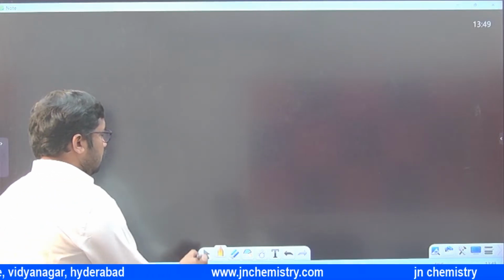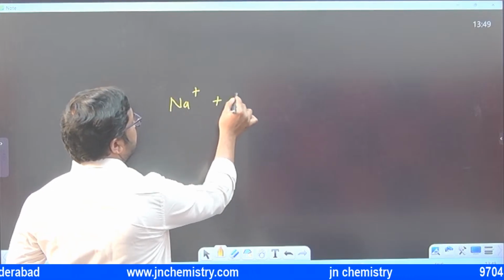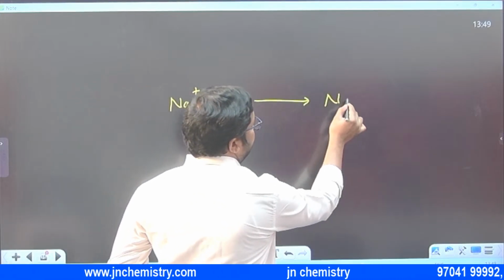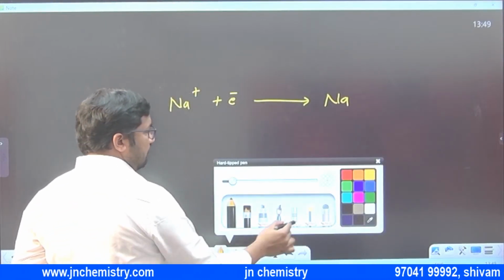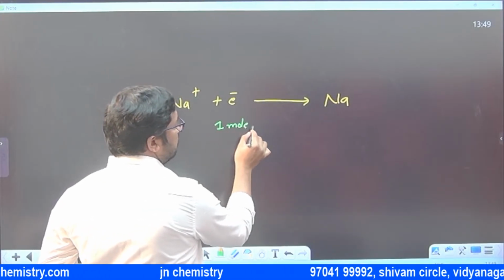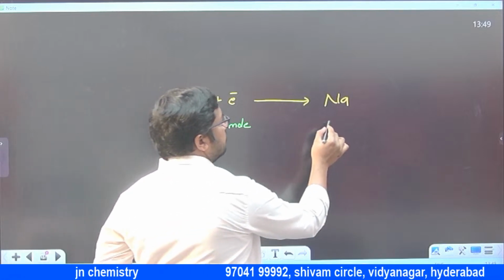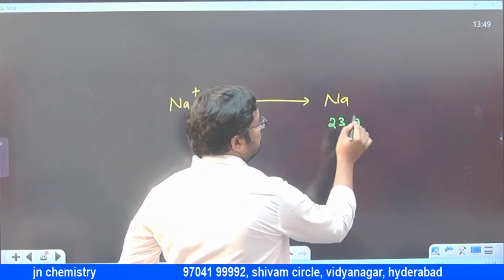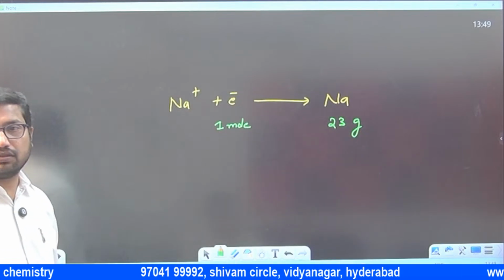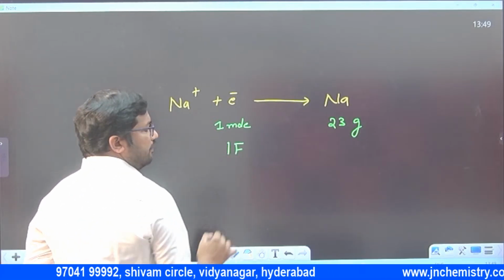For example, sodium: Na plus plus electron gives Na. If you take 1 mole of electrons, how much sodium is depositing? It is 23 grams. Yes or no? 1 mole is nothing but 1 Faraday.